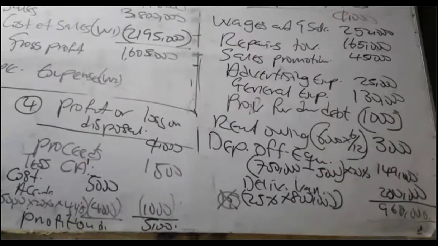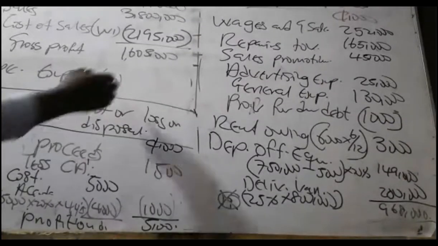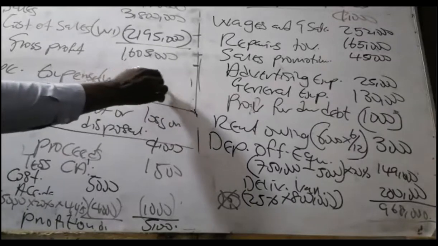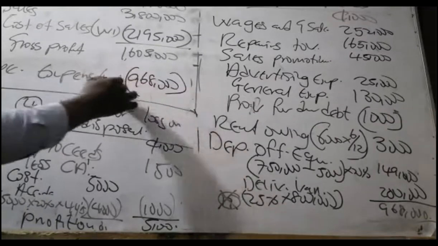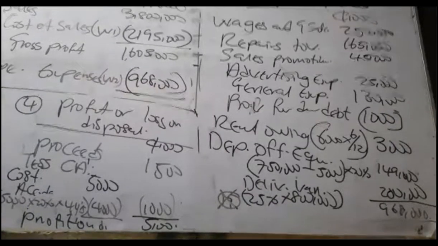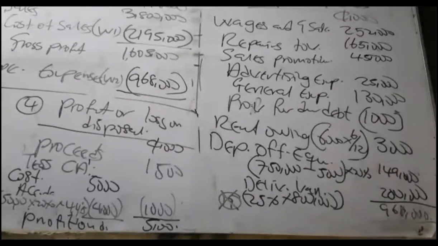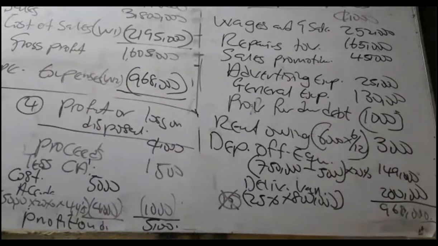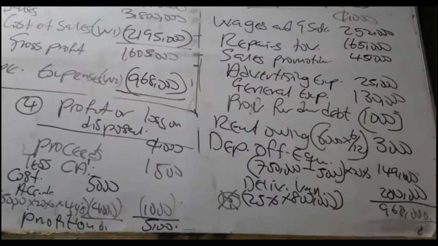So operating expenses, we've done it. Working number 2, which is 968,000. So what will be the operating profit? Good.